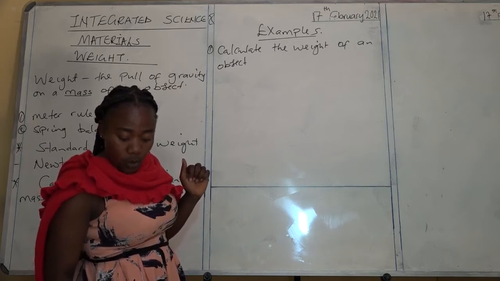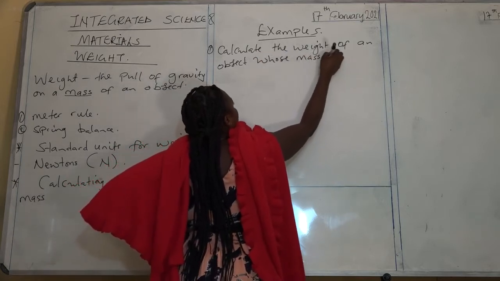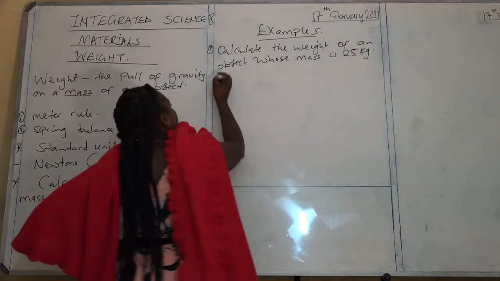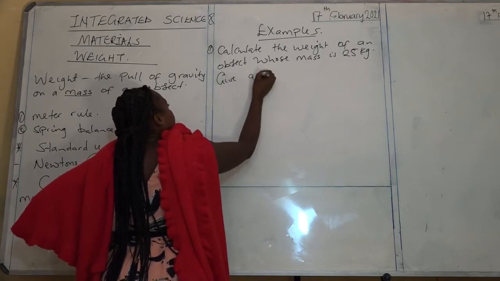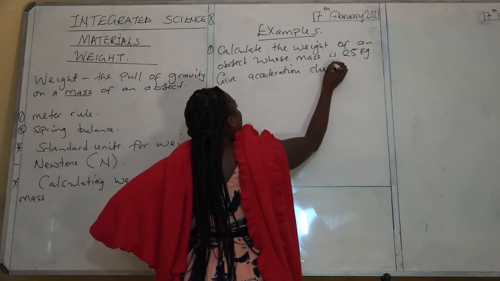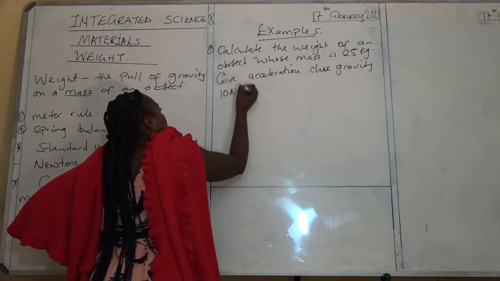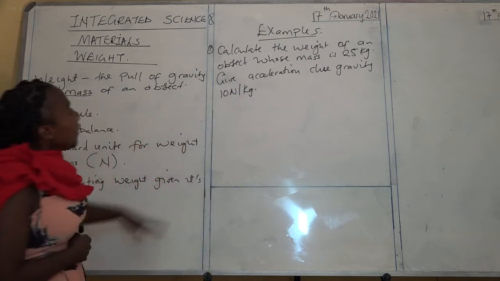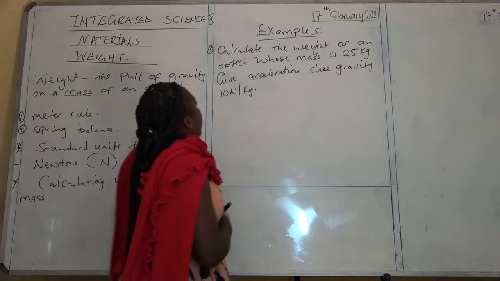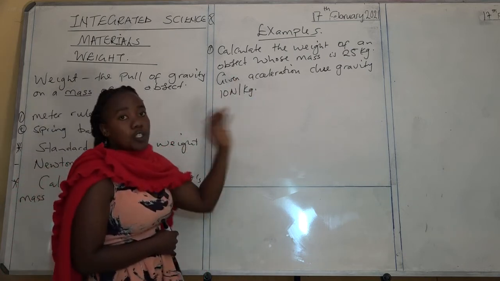Calculate the weight of an object whose mass is 25 kg, given acceleration due to gravity is 10 newtons per kg.